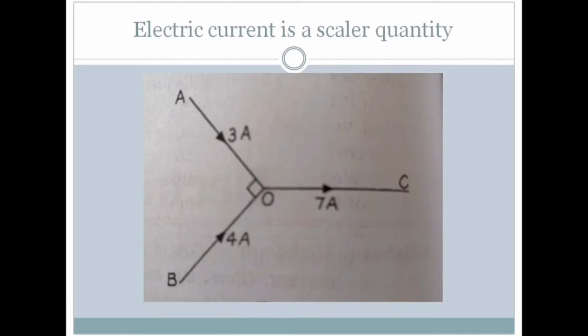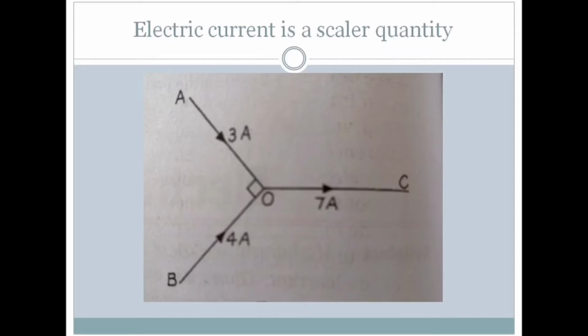For example, two different currents of 3 ampere and 4 ampere flow through two perpendicular wires AO and BO respectively. These two wires meet at point O and then the current flows through the wire OC.